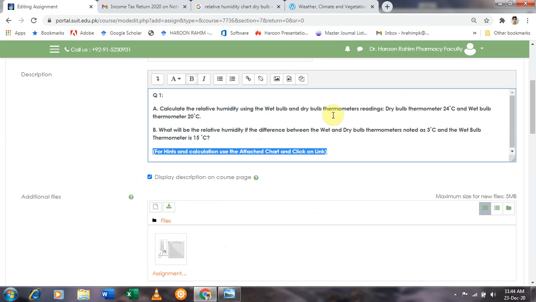In the first one, the difference is given as well as the dry bulb and wet bulb thermometer readings, and in the second one also the difference is given as well as the wet bulb thermometer reading. Using the wet bulb thermometer reading you can calculate the dry bulb thermometer reading, as the difference is given. I have told you that the dry bulb thermometer reading will be more compared to the wet bulb thermometer.